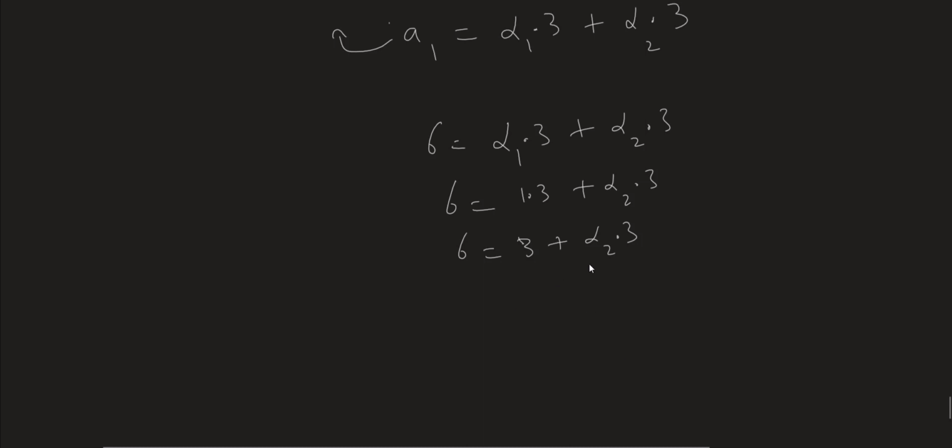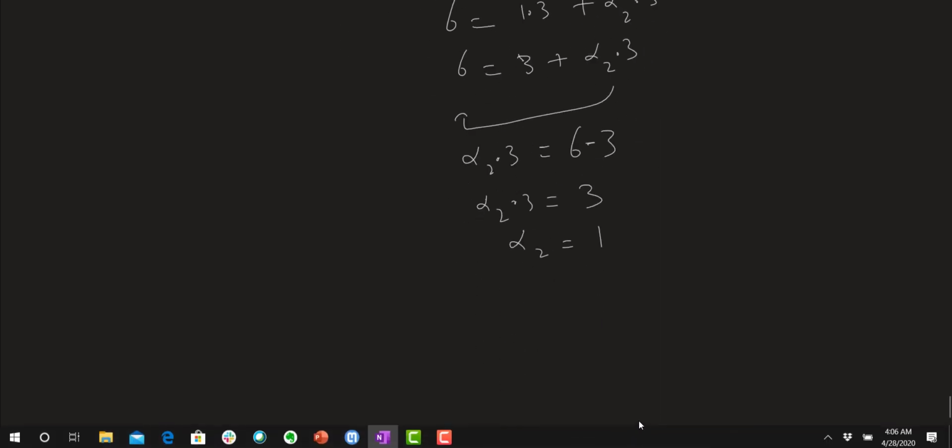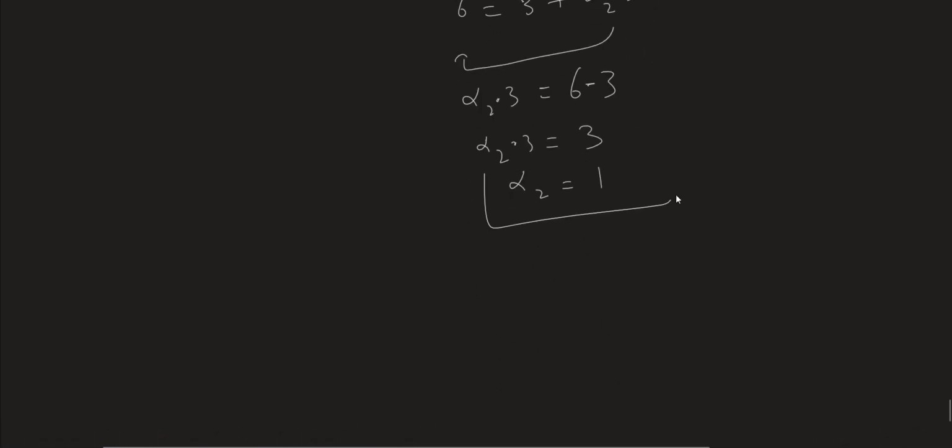And if you rearrange this, you will get alpha 2 times 3 is equal to 6 minus 3. So alpha 2 times 3 is equal to 3. Alpha 2 is equal to 1. So we found the values of alpha 1 and alpha 2.